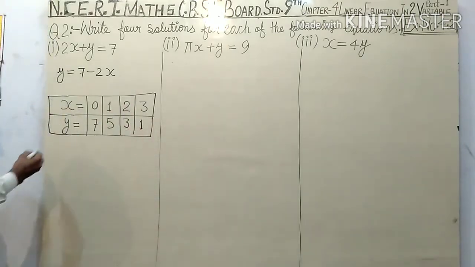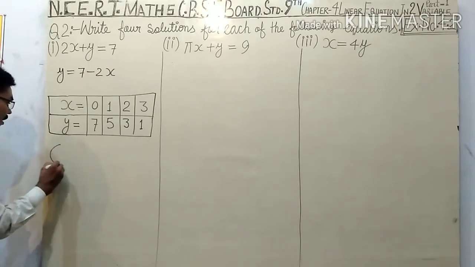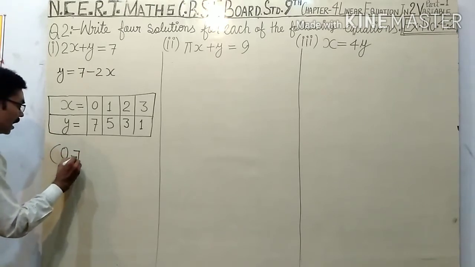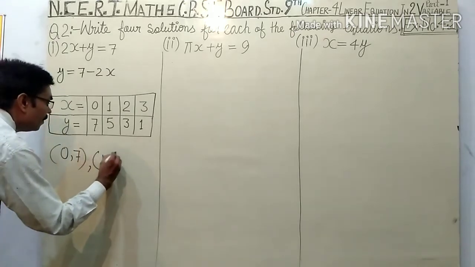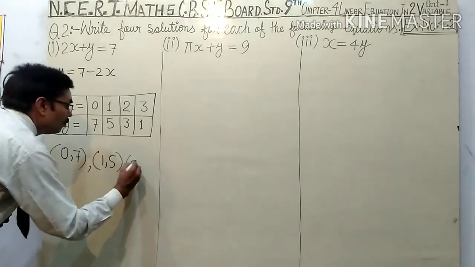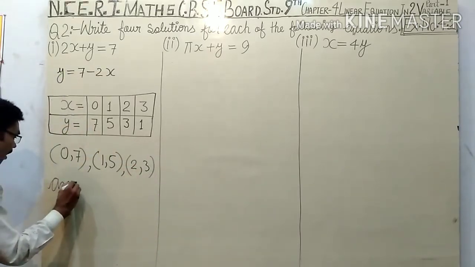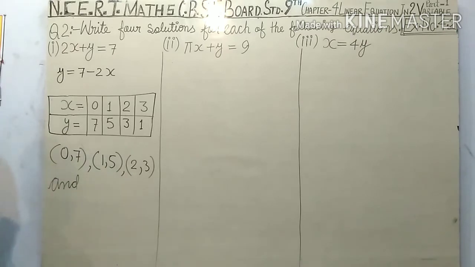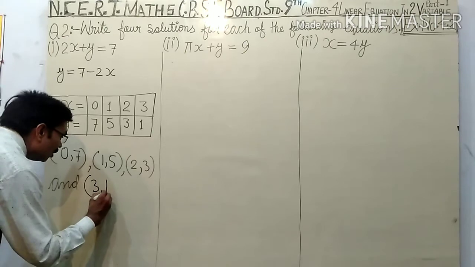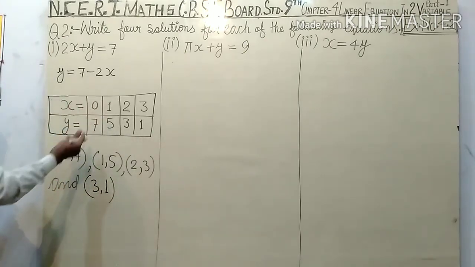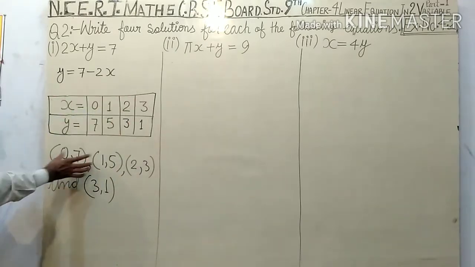So values are 0, 7, 1, 5, 2, 3 and 3, 1. You may choose another value for x, then you may write any solution including 4.